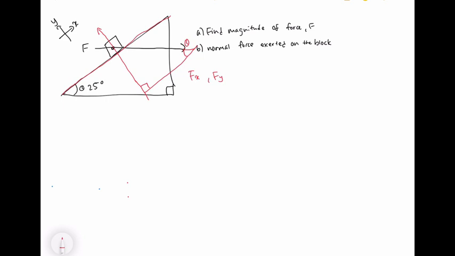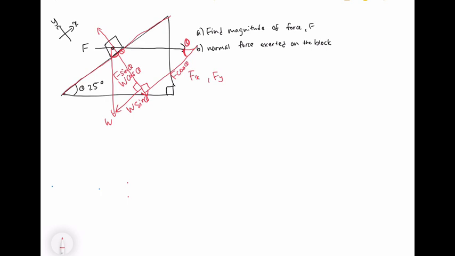If I have a projection on the adjacent of my theta, then that's F cos theta, whereas this is F sin theta. And remember, this is the weight, and if this is the theta onto the weight, then this line right here is W cos theta, whereas this one is W sin theta.